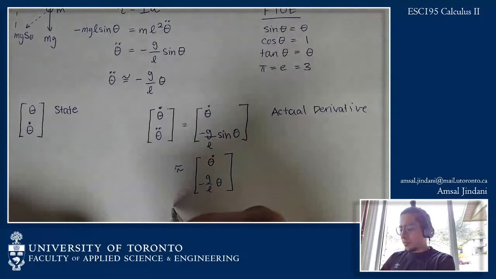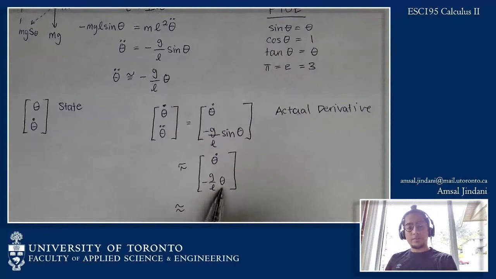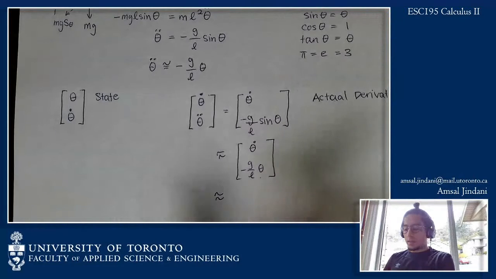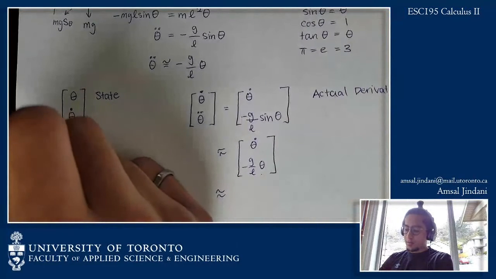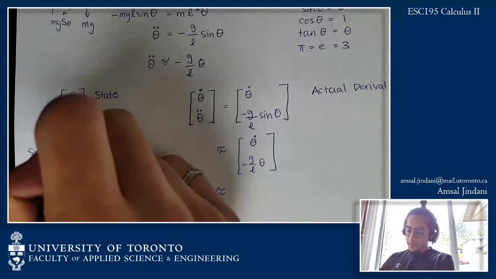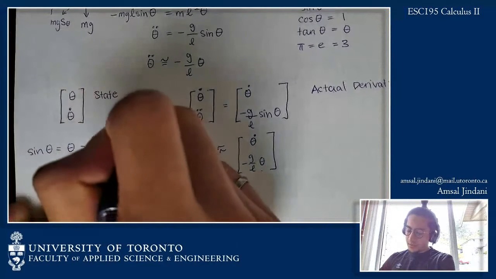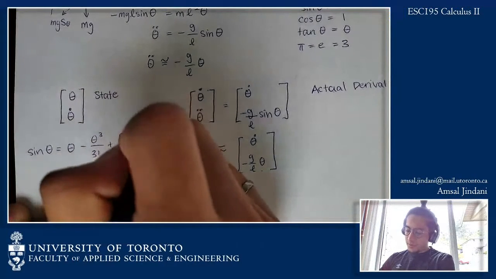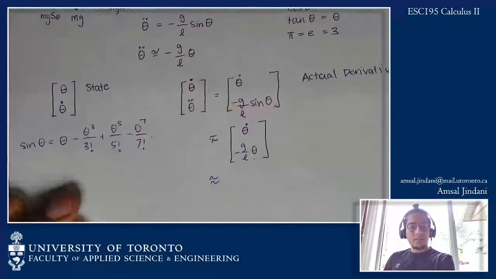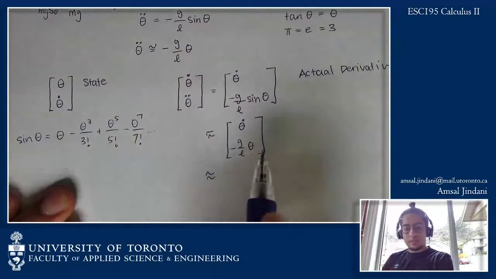And then what if we want to try something that's a bit more accurate than just using theta? Well, we can just use the Taylor expansion for sine and substitute that in. So sine theta is equal to theta minus theta cubed over 3 factorial plus theta to the 5 over 5 factorial minus theta to the 7 over 7 factorial, and so on. So this would give me a better approximation than just this.